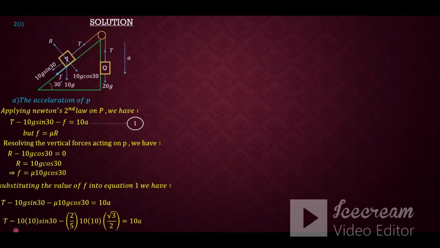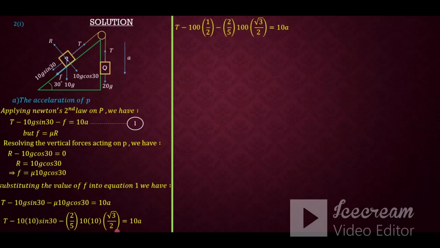We know that g is 10, and mu is 2 feet, and we know that cos 30 is square root of 3 divided by 2. So we simply substitute back the values of g, mu, and cos theta, which is the square root of 3 divided by 2.